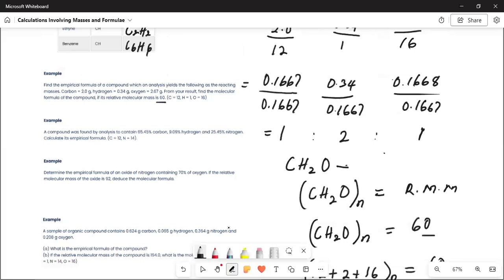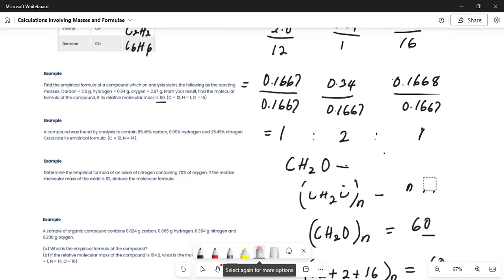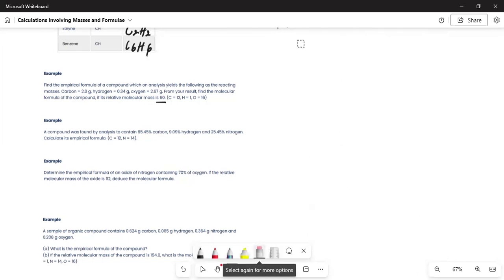That is example 1. Example 2: say a compound was found by analysis to contain 65.45 percent carbon, 9.09 percent hydrogen, and 25.45 percent nitrogen. Calculate its empirical formula. Okay, so the first step is to bring out all the component elements.